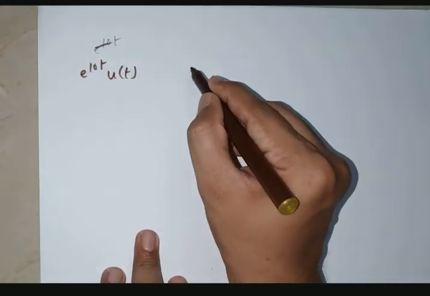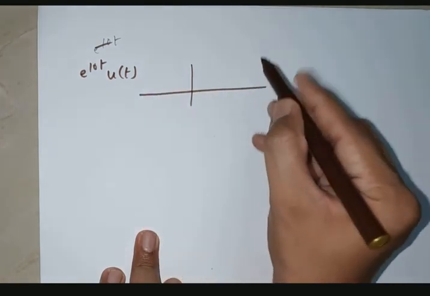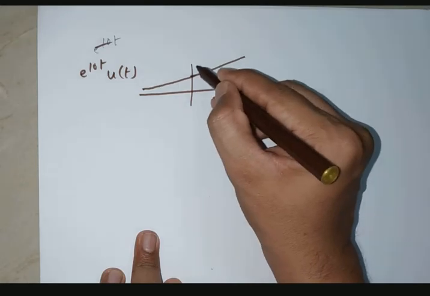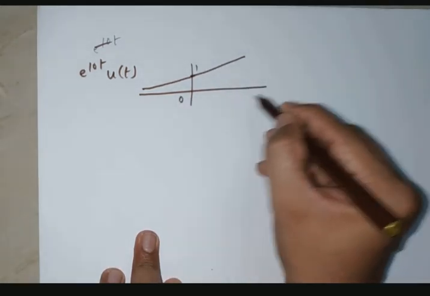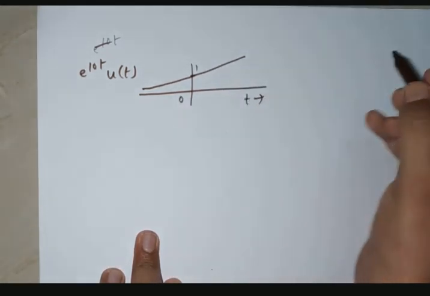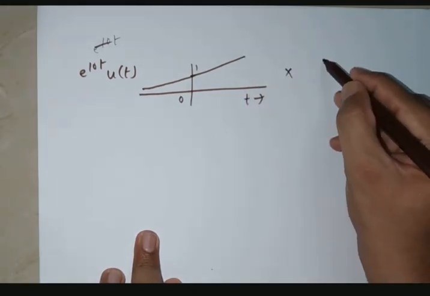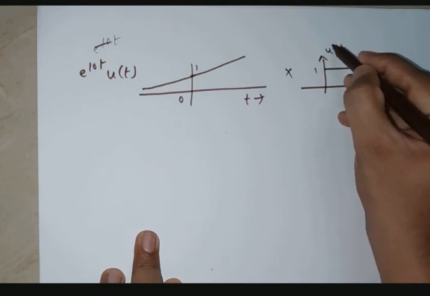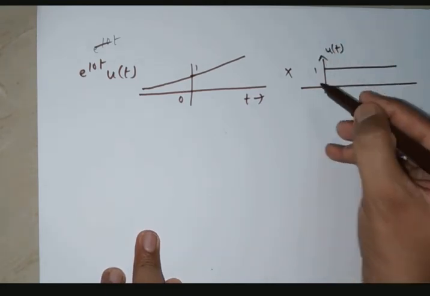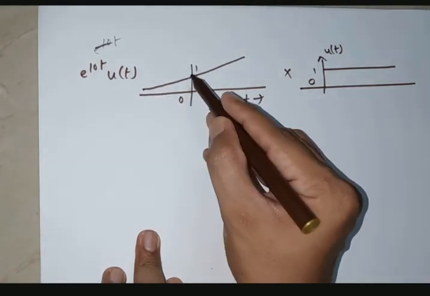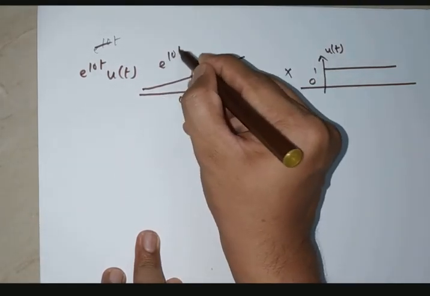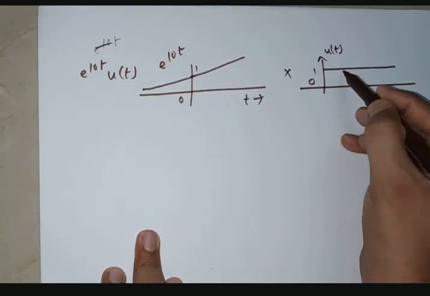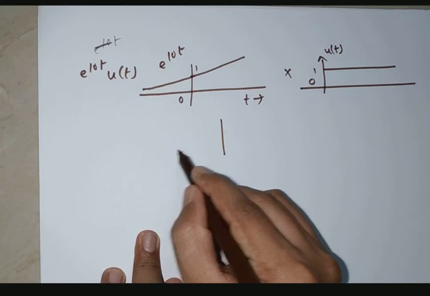How will we get it? e^(10t) is an exponentially increasing signal, multiply u(t). Then what will we get? See, the left hand side is 0, so whatever the signal on the left hand side multiplied by 0 is 0, and the right hand side, whatever the signal multiplied by 1 means the same signal. They will get like this.